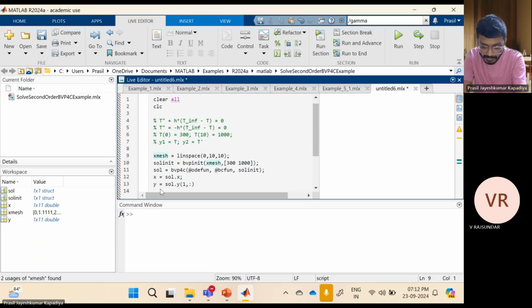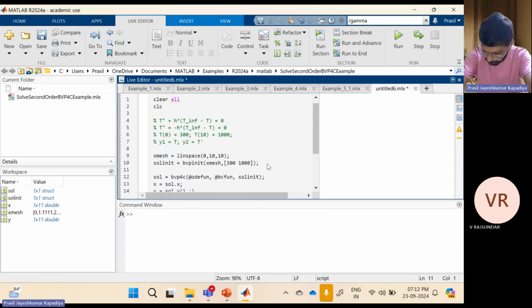So first I need to define my equation, the way we write here.